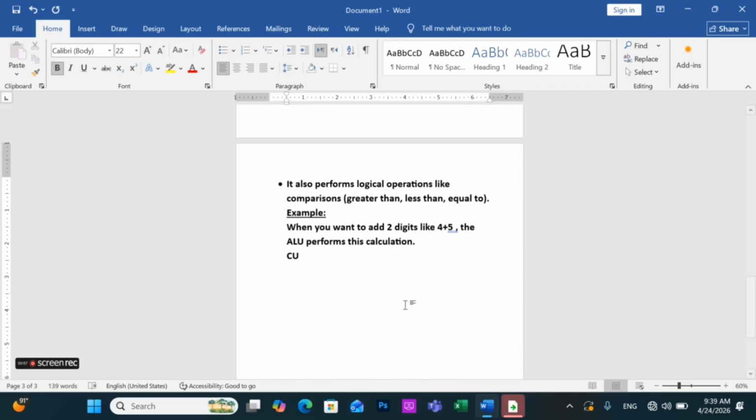Okay, so this is the ALU, and after that the second part is CU, the full form of CU is control unit. So CU stands for control unit. And now we are going to write the function of the CU.